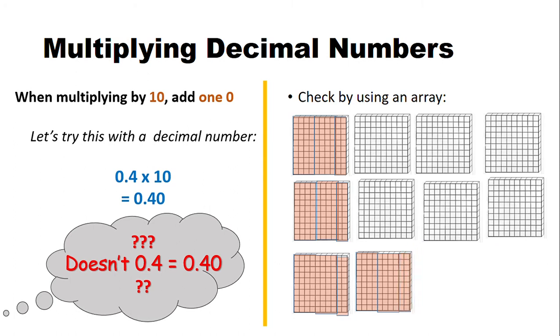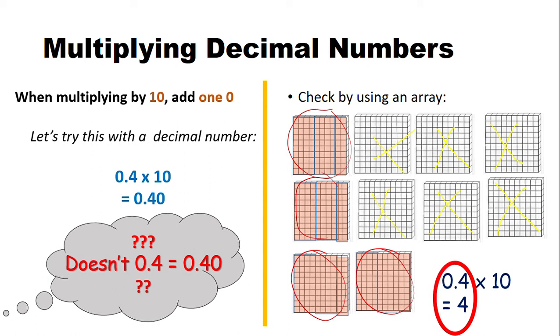So I'll just ignore these ones. We don't need them anymore. They're all empty. And I can see now that what I actually have when I multiply 0.4 times 10 is 1, 2, 3, 4 whole numbers. So what this number sentence should say is 0.4 times 10 is equal to 4.